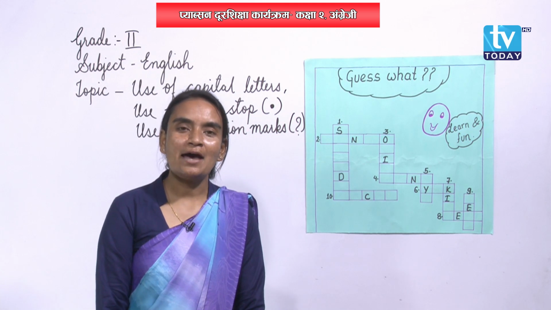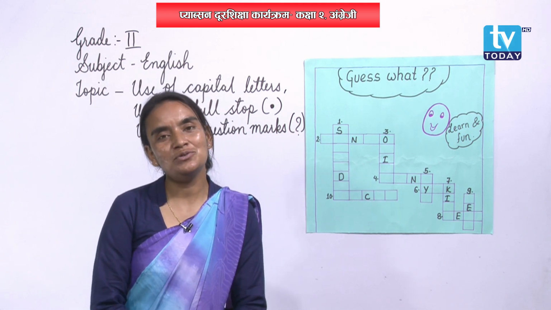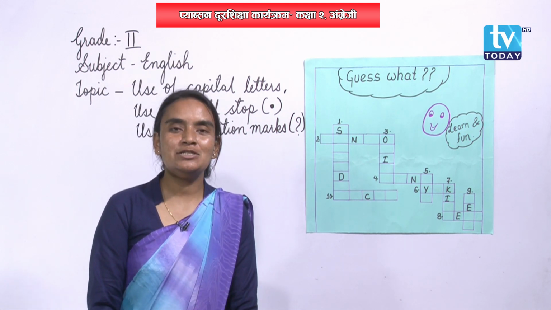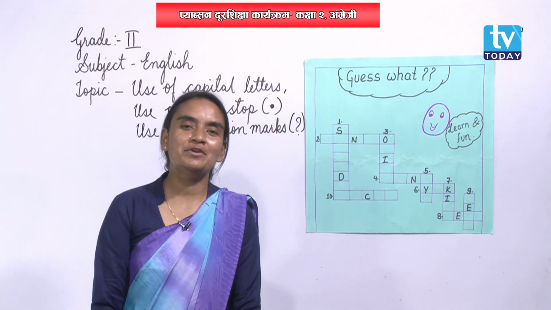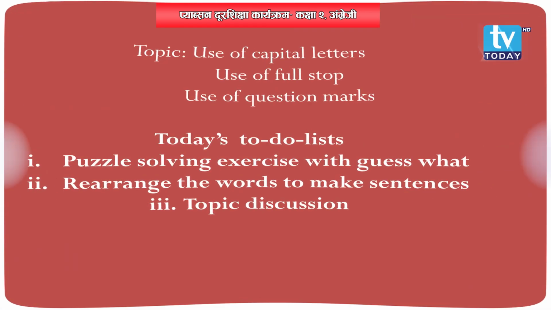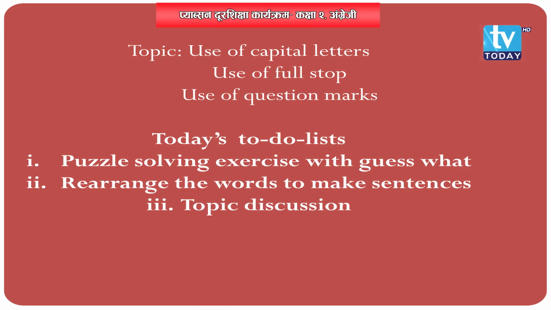So, I have something more interesting for you for today's class. Let's try to find out what could be today's to-do list for every one of us. What are we going to do? The first one is a puzzle that we are trying to solve. And then after, we'll be rearranging the sentences as a revision of last week's class.